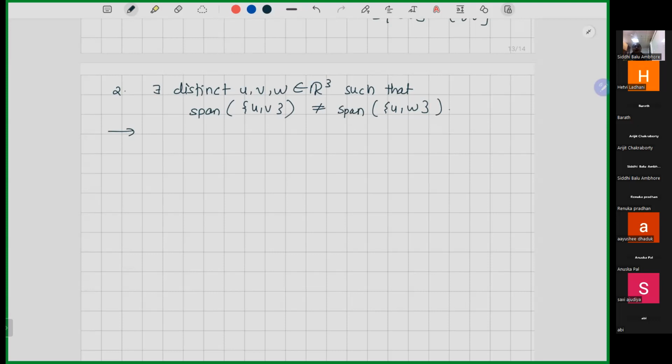We want three elements from R3 such that span of uv is not equal to span of uw. Any guess? Okay, since you are in R3, we will start with the standard basis of R3.